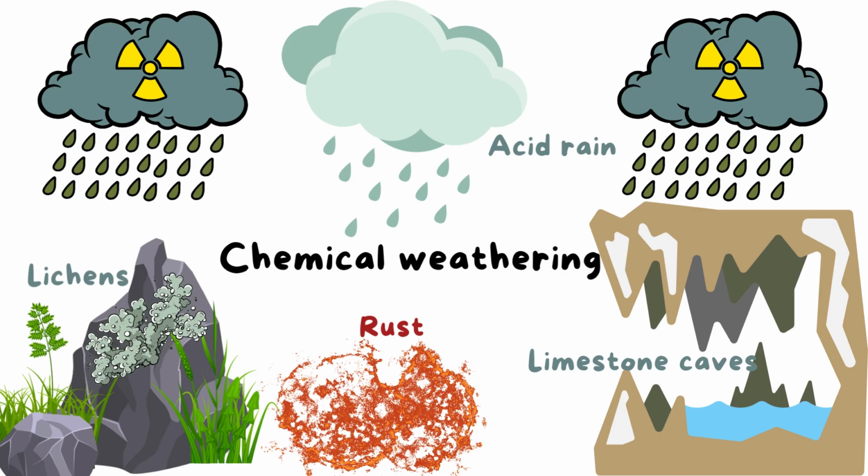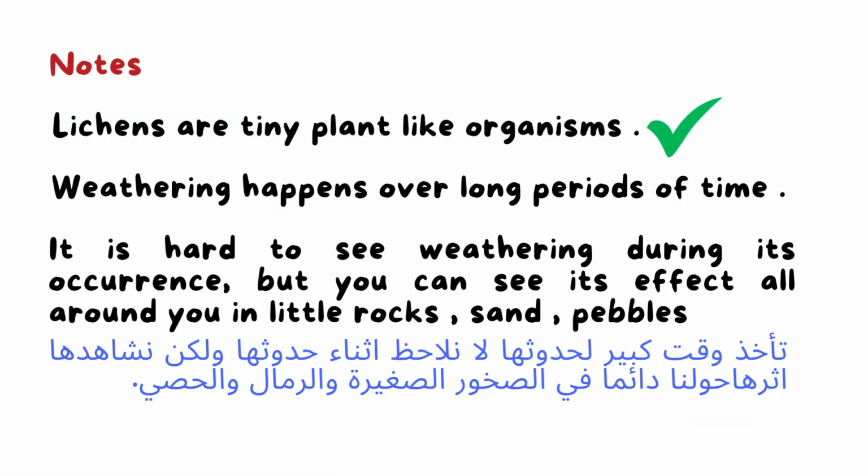Also, we studied the reaction between the rock and oxygen gas, the reaction between the iron in the rock and oxygen gas, which produces what? Yes, red-colored rust, and this rust causes what? Weakening the rock and causing it to break down. As you see here, weathering happens over long periods of time, hundreds or thousands of millions of years.